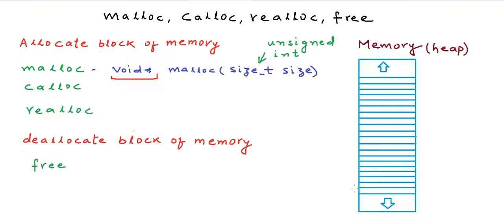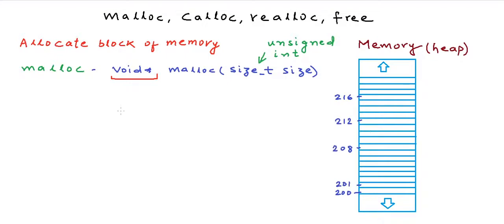As we know, each byte in the memory has an address. Let us say this bottommost byte has the address 200, and the next byte is 201, and we go on increasing towards the top. I'll mark the address of some of these bytes. Let's say in our code we make a call to malloc something like this, that hey, give me a block of memory that is 4 bytes.